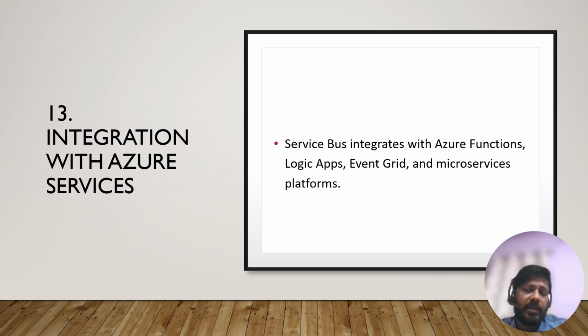Event Grid, as I mentioned earlier in my other video, is used for event notifications, like a small payload that carries a message. So that's where Event Grid can be used, and for larger messages, the Service Bus can be used here.